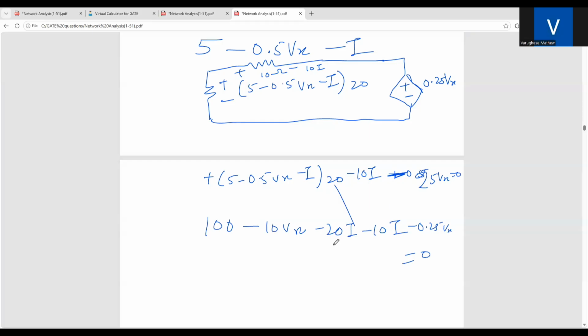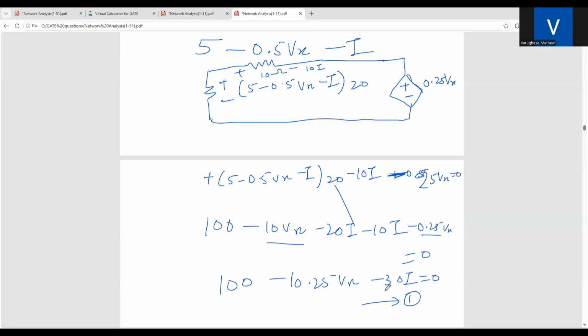So this is minus 10.25 Vx, minus 30I, plus 100 equal to 0. This is one equation.